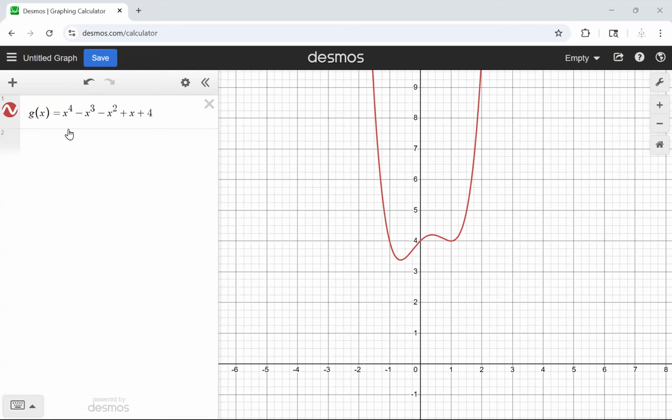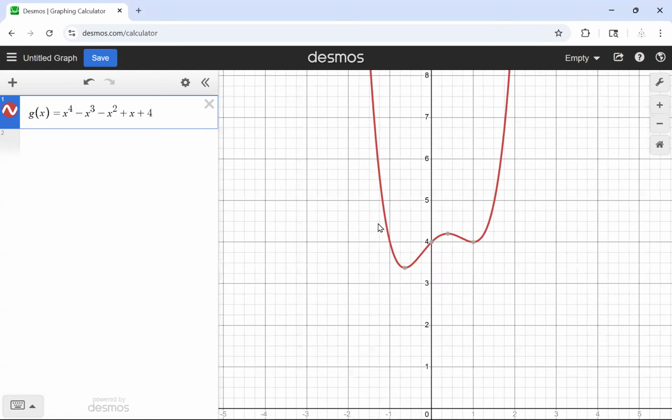Obviously, I could use this function expression to plug in numbers, and that could give me points. But I can also just trace around this graph using my cursor, and it'll follow and show some of the points on this graph.